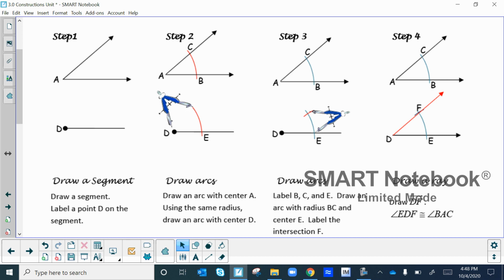That little red arc that we made after measuring from B to C is the same measure. That point is important because then we're going to connect point D through that point, which we'll call F in this case, and it goes straight through. Therefore this angle EDF should be identical to BAC.